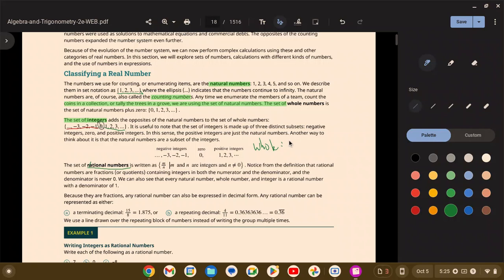Let's choose 5. That's a whole number. That's the same as saying 5 over 1, which is rational. They're the same exact thing, but they belong to different sets.